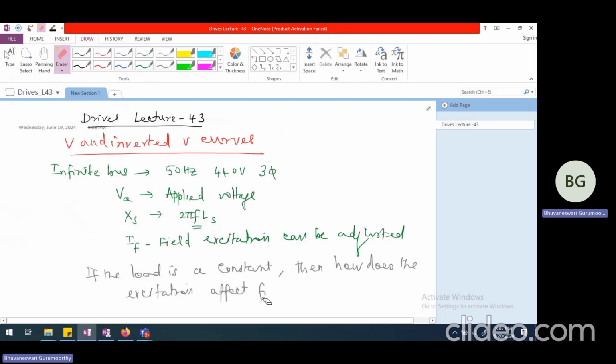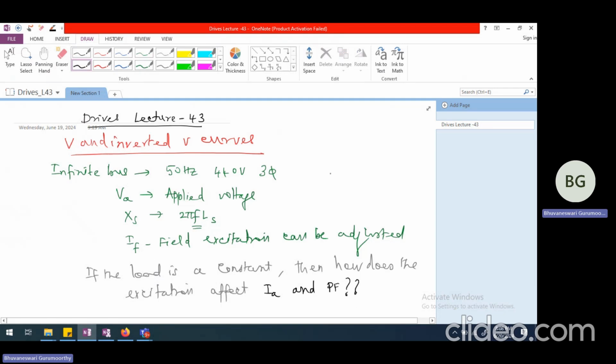What I mean is, if I vary the field current, how does the armature current change and power factor change? These are the two things that we are going to look at when we are talking about this synchronous motor drive.